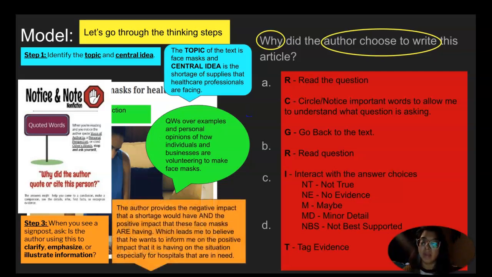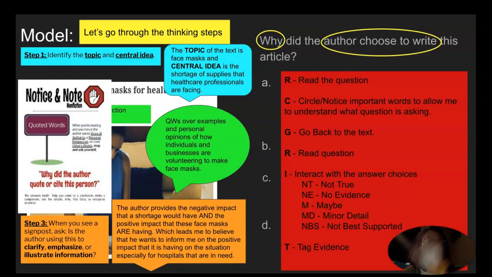And based on what I read, it seems like the author provides the negative impact that the shortage would have and the positive impact that these face masks are having, which leads me to believe that he wants to inform me on the positive impact that it is having on the situation, especially for hospitals that are in need.